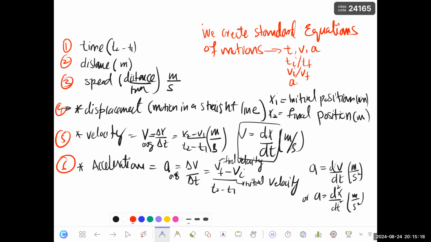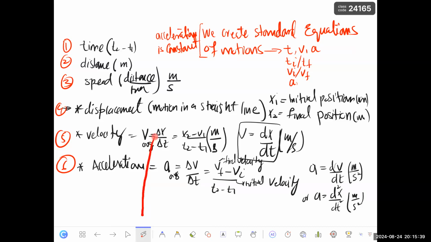But in these general equations of motion we make the assumption that acceleration is constant. It means things keep moving up. Like if you throw something up, it keeps going up, slowing down, slowing down, and then comes down getting faster.